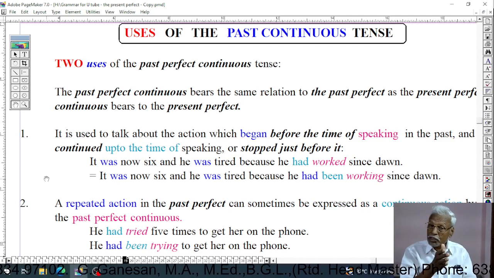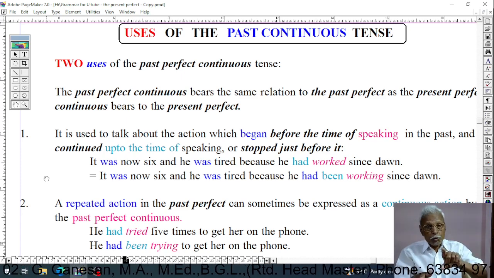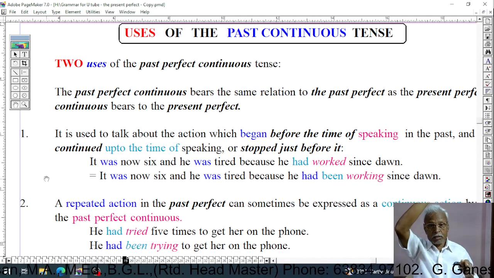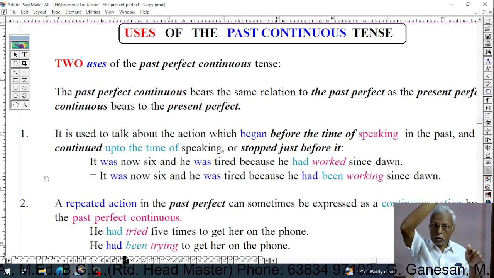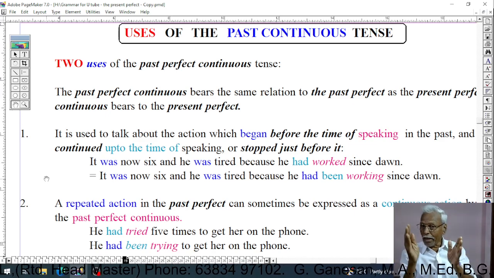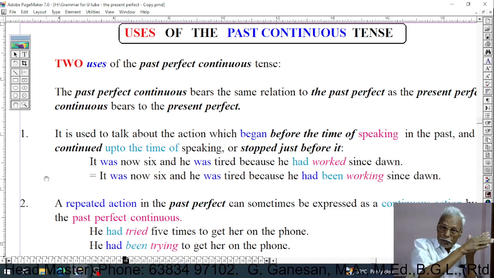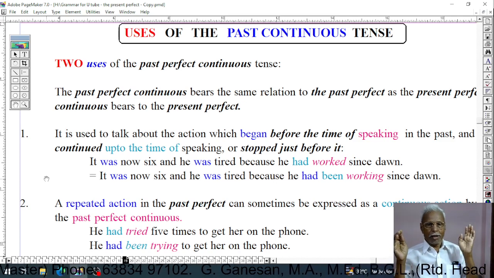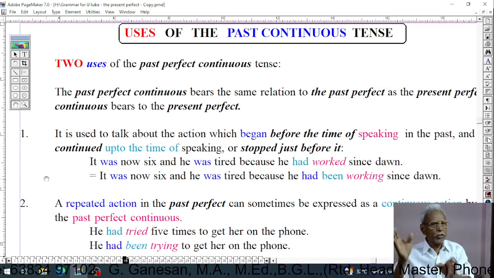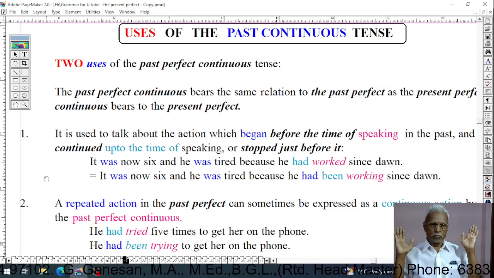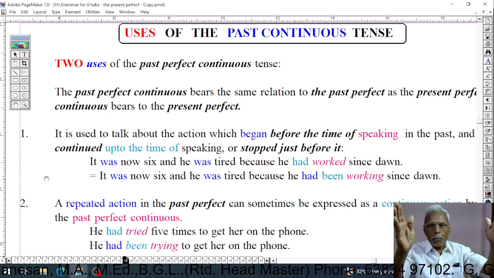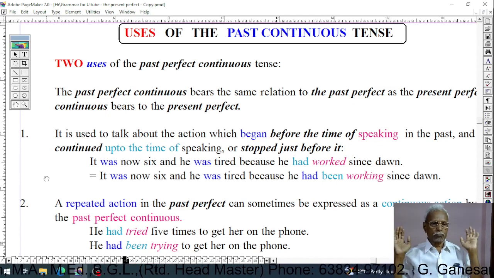The past perfect continuous tense is used to express the actions which happened in the past for a particular duration. The actions which happened continuously in the past and got terminated and got stopped at a particular stage. That action should be expressed using past perfect continuous only.